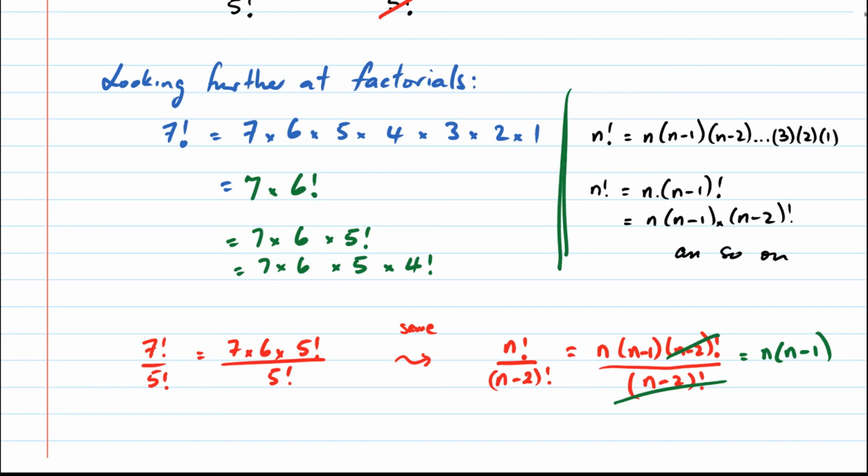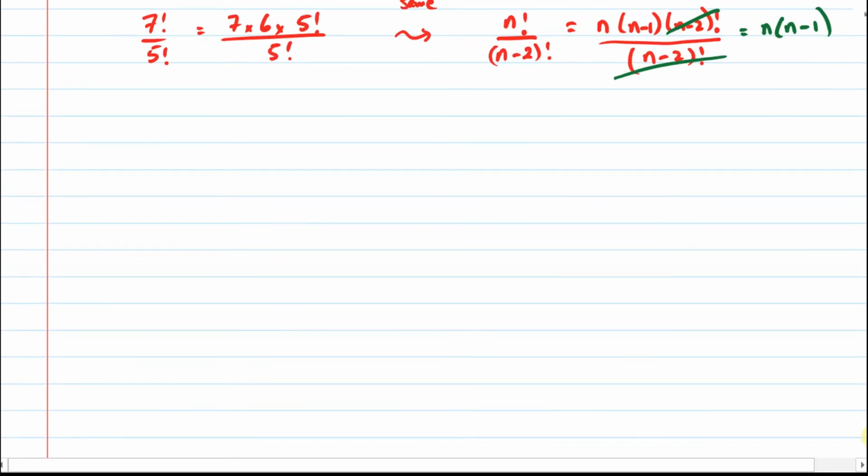All right. So let's look a little bit more at some cancellations and some arithmetic using these factorials, with specific numbers. So 10 factorial over 7 factorial.